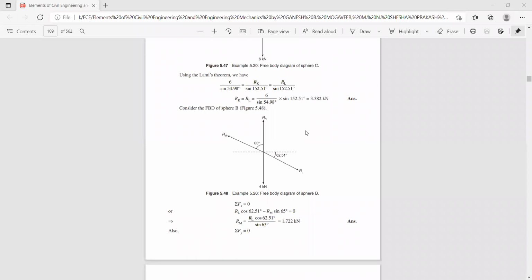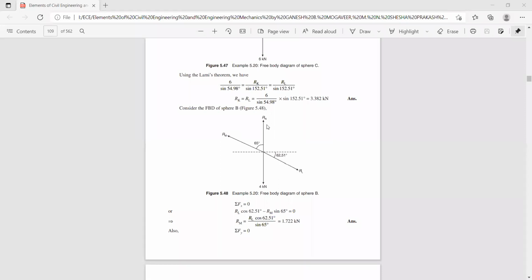Similarly, apply the next condition, sigma f of y is 0. So Rn minus 4 plus Rm sin 25 minus RL sin 62.5. Right? Sigma f of y is 0. Rn minus 4 plus Rm sin 25 or Rm cos 65 minus RL sin 62.5.